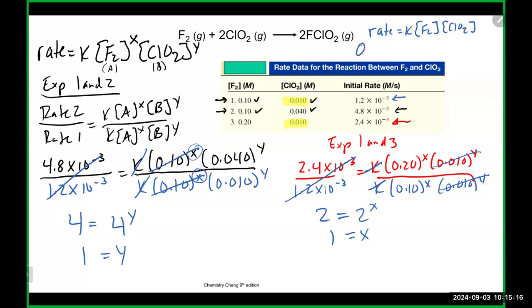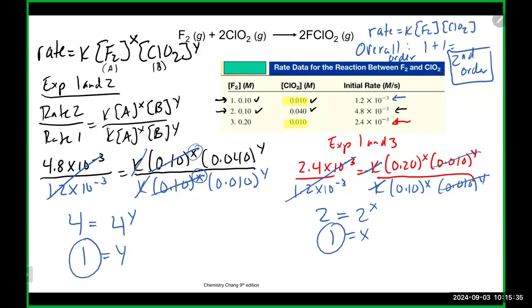We can also figure out the overall order, which is 1 plus 1, which means overall this reaction is second order, by adding our orders together. Question on that?